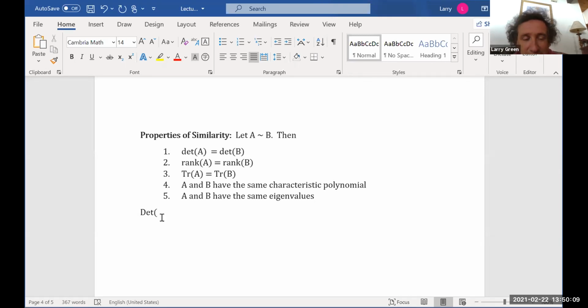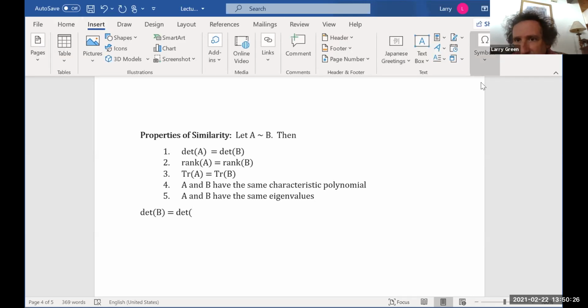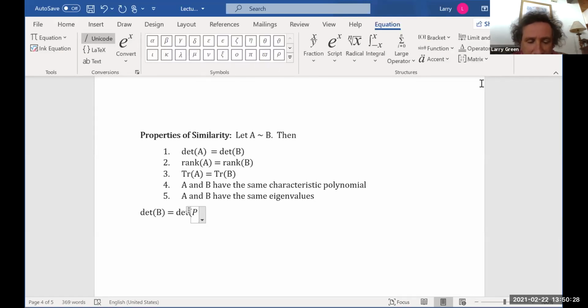I think it's easier to start with the determinant of B. Well, by definition, the determinant of B is the determinant of P inverse A P. Any questions on that?